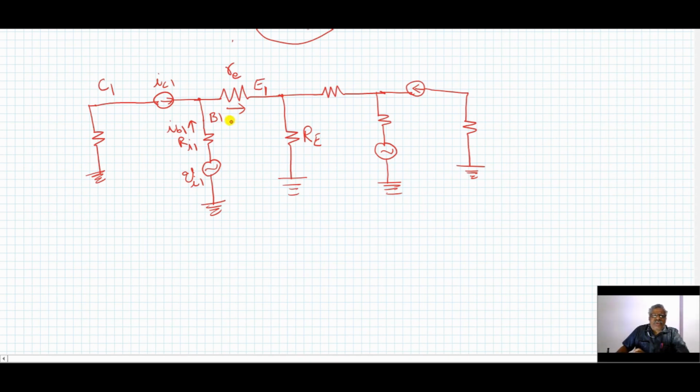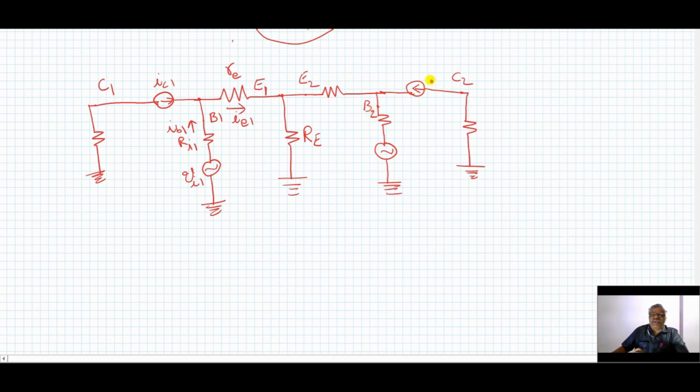The current flowing through this, let us represent it with IE1. And when we come to the second transistor, this is the emitter 2 terminal, this is collector 2 terminal, and this is base 2 terminal.